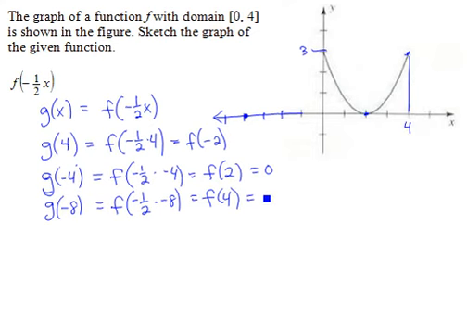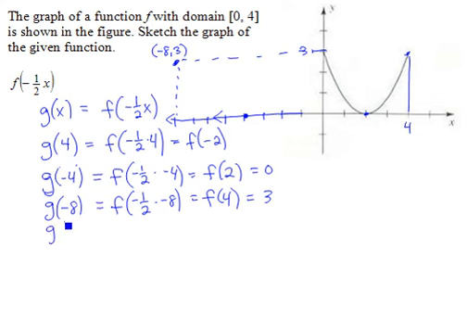So f of 4 is 3. That means that g of negative 8 is equal to 3, and we need to extend the graph a bit further. There's 5, 6, 7, and negative 8, and we should plot a point up at positive 3 on the graph of g. This is the point negative 8, 3 on the graph of g.